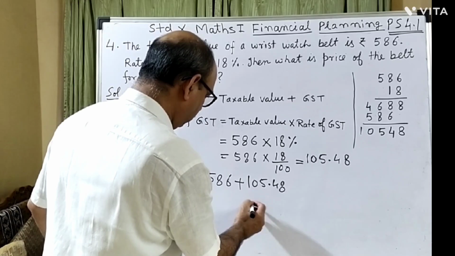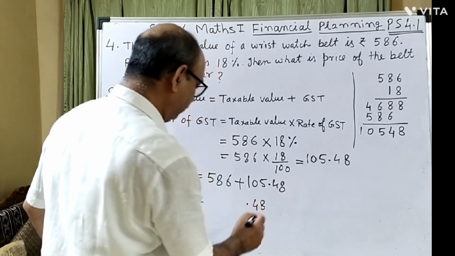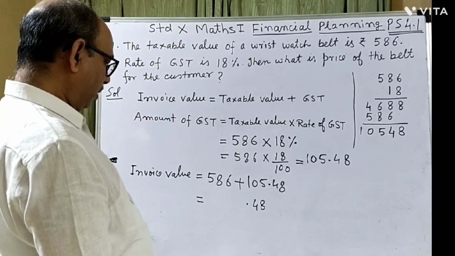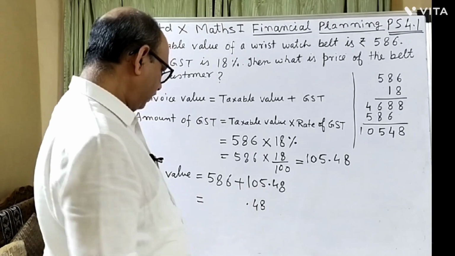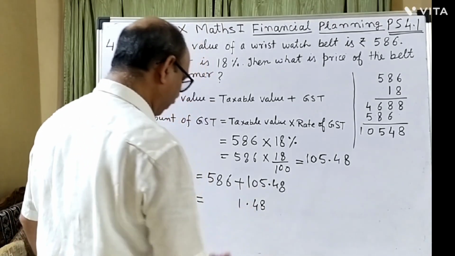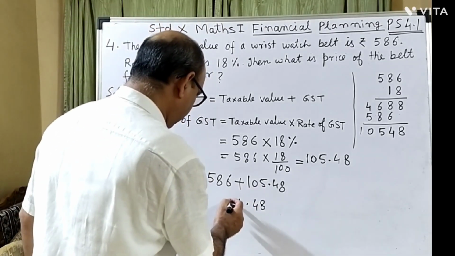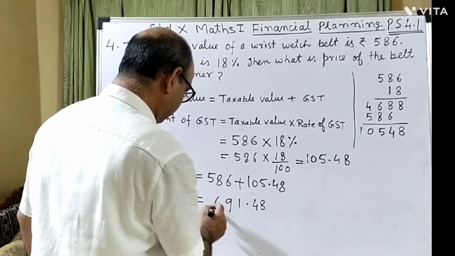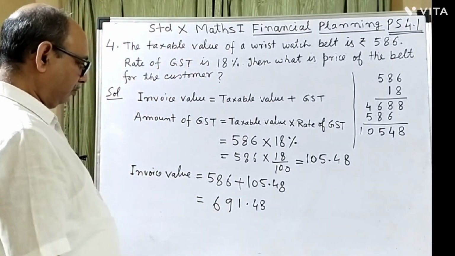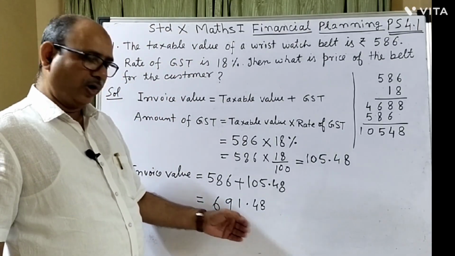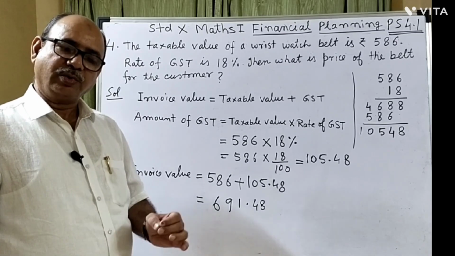This is equal to 0.48, 6, 5, 11, 1, 8, 9 and 5, 1 is 6. 691.48 rupees the customer will pay to the shopkeeper.